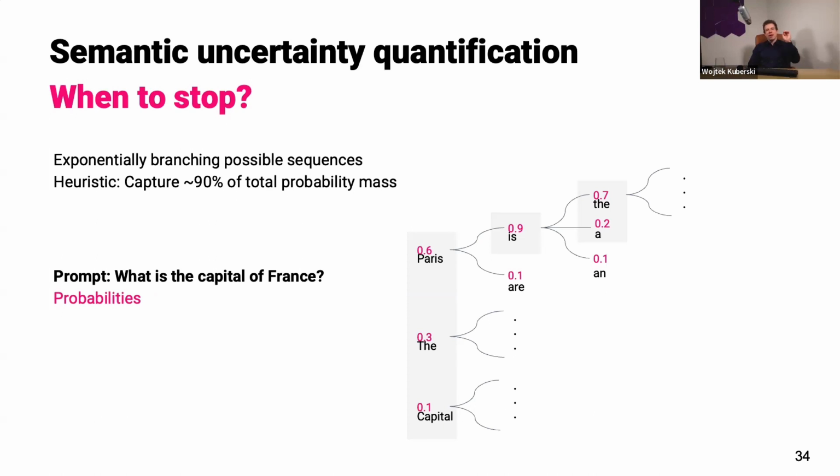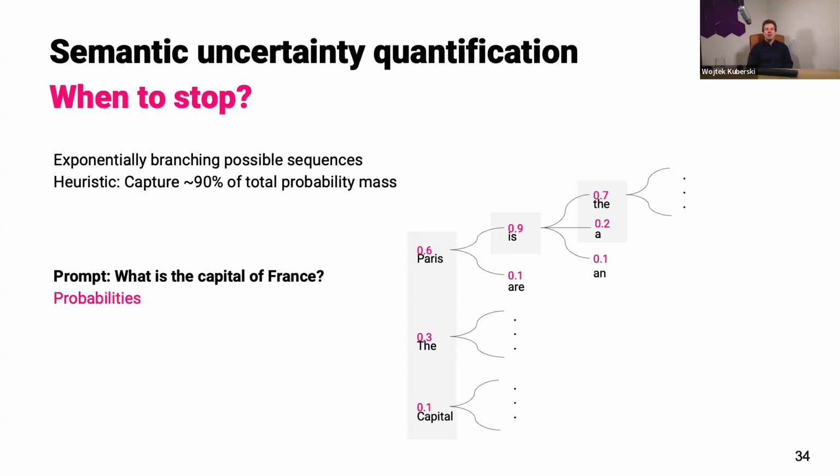So if the answer is "The capital city of France is Paris," and it has a certain probability of happening, we're going to also add all the answers that are semantically equivalent. How do we actually find the semantic equivalence? We'll discuss in a second. Then we add all the semantically equivalent answers in terms of probability mass, and we're going to use that to say whether the model is hallucinating or not.